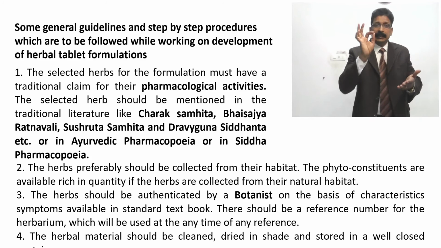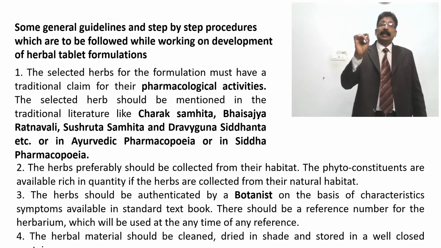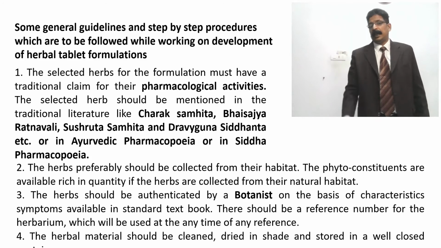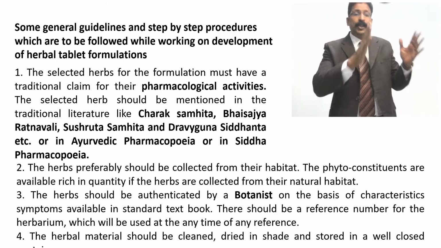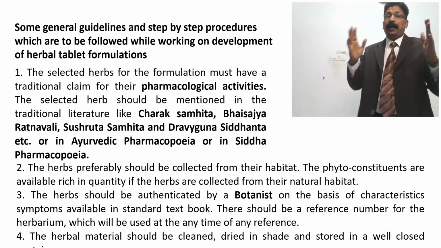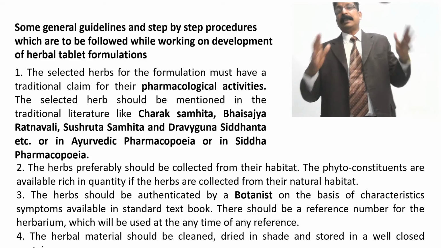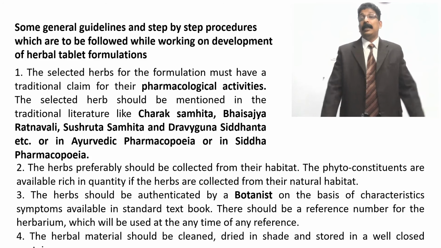The herb selected for formulation must have a traditional claim for pharmacological activity. Suppose you are taking a herb, it should be identified, clarified, and approved for pharmacological activity by the standard pharmacopoeias and authorized authorities, and it should have a valuable reference.